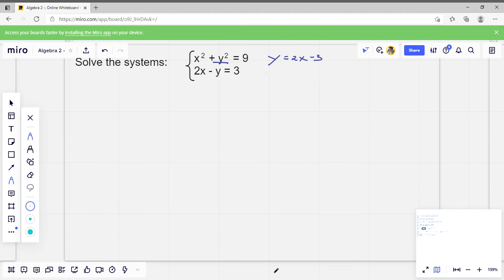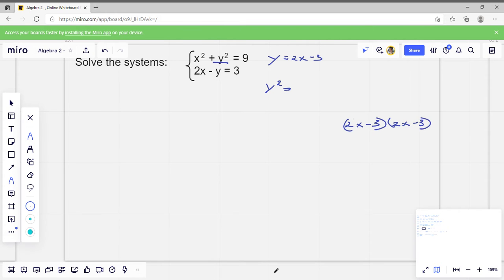I have y squared. So all I have to do is square this whole thing. So if I square that and I square this part, then I'll have y squared, and I can substitute that in. So y squared equals, and then I have to square this other side, which is 2x minus 3. And to square that, I just have to multiply it times itself.